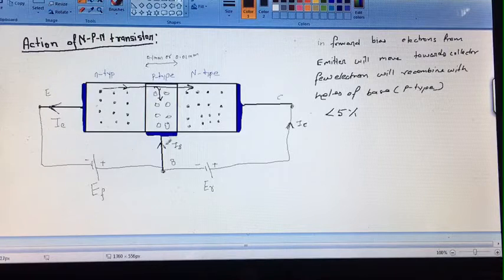So there will be a current inside the base. And in the case of the collector, these electrons will be attracted.